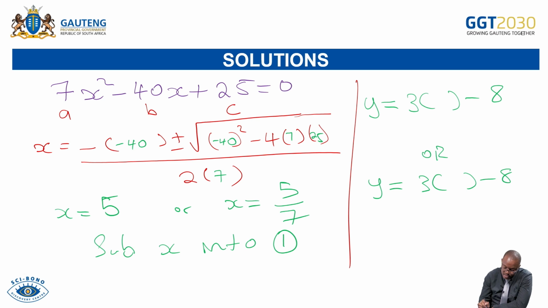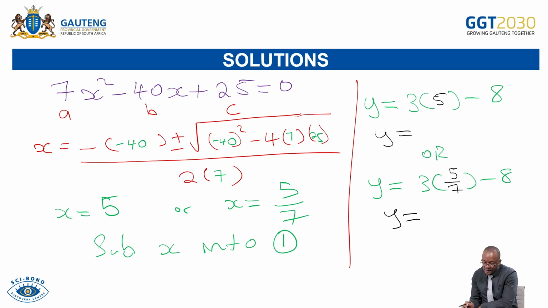As we substitute, we are substituting 5 and 5 over 7. So your y will be, so now let's look at that. It's 3 into 5 minus 8, we have 7. Then the other side is 5 over 7. Then we are going to get negative 41 over 7.